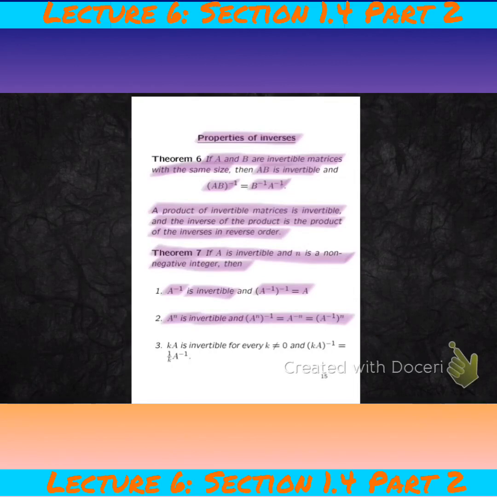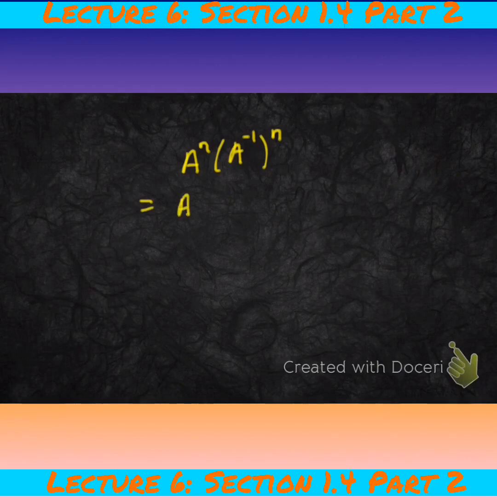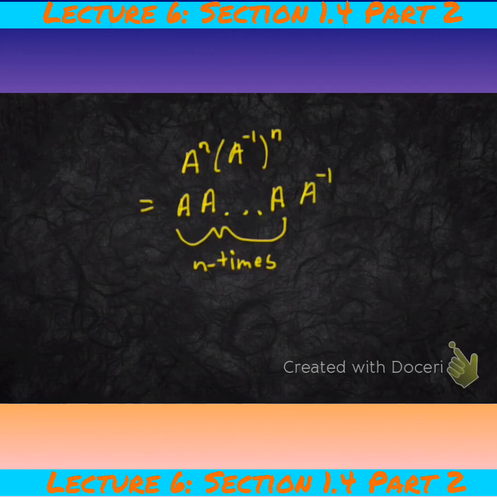If you take the matrix A^n and multiply it with this expression, that you can write as A times A, you do it n times, and there you multiply A's inverse with itself n times.